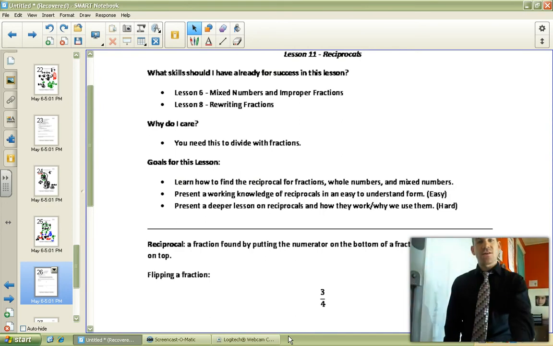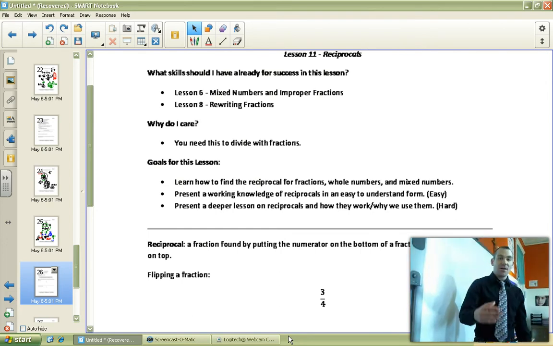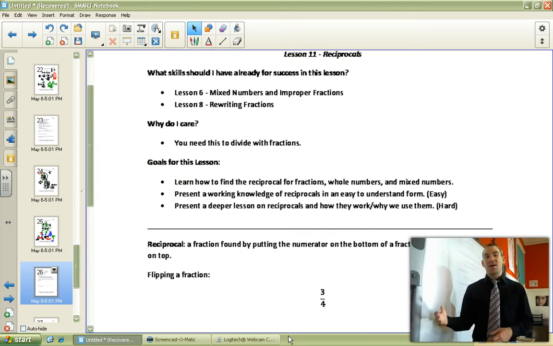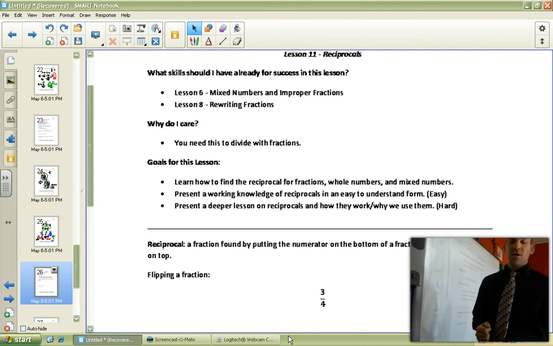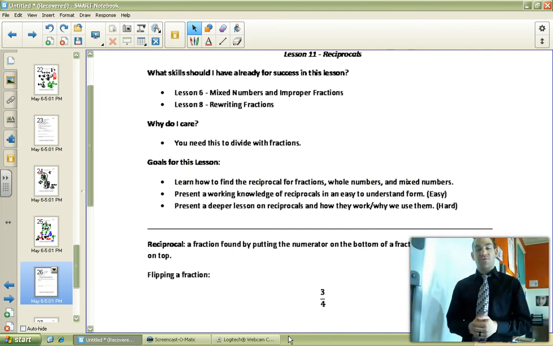What you're really going to need for this lesson is just mixed numbers and improper fraction review and rewriting of fractions. So why do you care? Specifically, you care because in a couple of lessons when we start doing division with fractions, you won't be able to divide without knowing how to find a reciprocal. And then finally, goals for the lesson: learn how to find a reciprocal for fractions and whole numbers and mixed numbers.